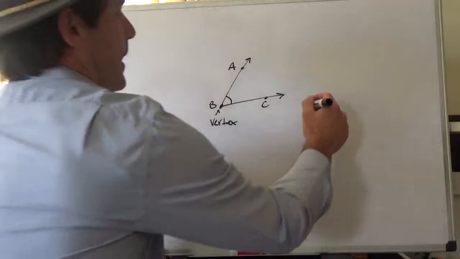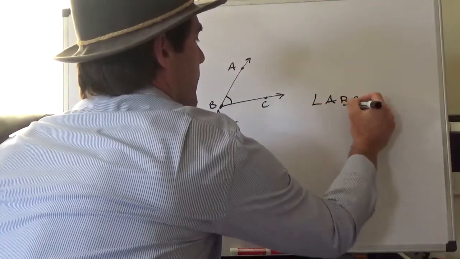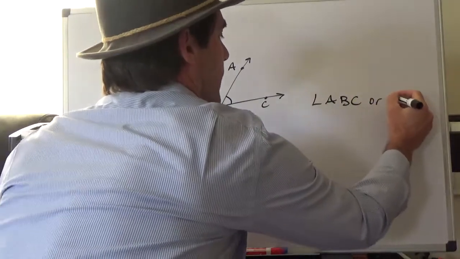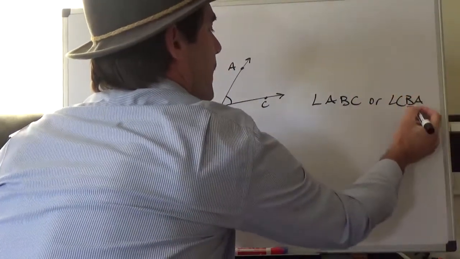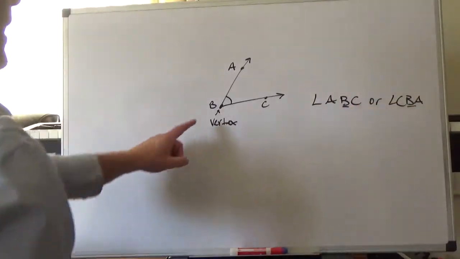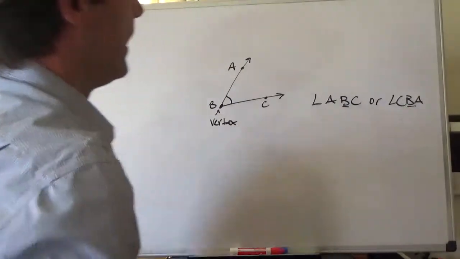So if I was going to name this angle, here's the symbol for that, angle ABC, or I can write this as angle CBA. The important thing to notice is that the vertex is always the middle letter.